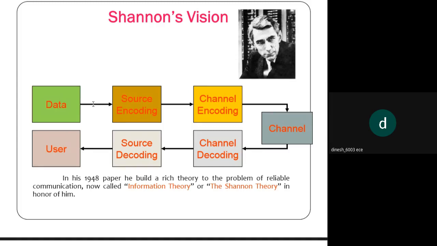The term reliable communication has been turned into information theory, also called Shannon theory, to honor him. His contribution was such that today's internet, and the worldwide information we receive from America to India or anywhere, is established only due to his vision.